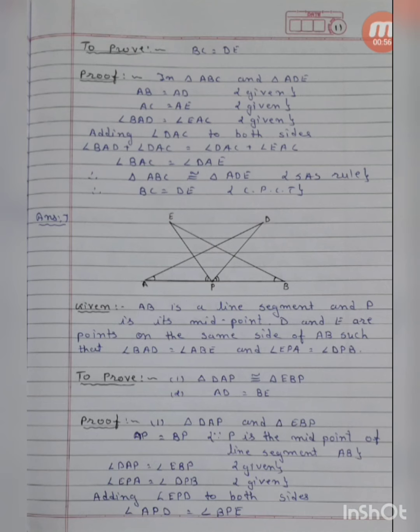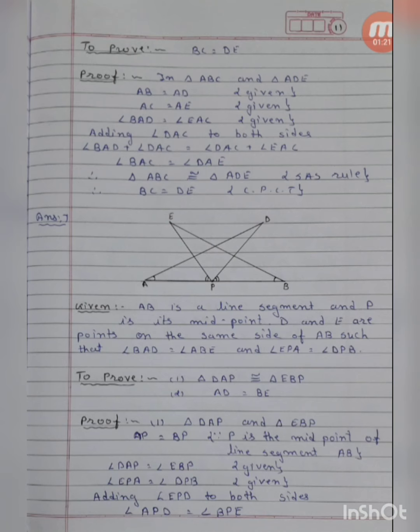Now proof. For first, in triangle DAP and triangle EBP, AP is equal to BP because P is the midpoint of line segment AB. Angle DAP is equal to angle EBP, given. Angle EPA is equal to angle DPB, given. Now add angle EPD to both sides.